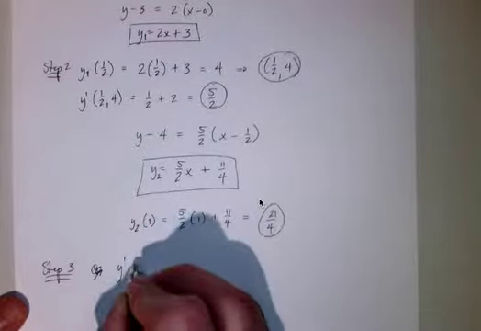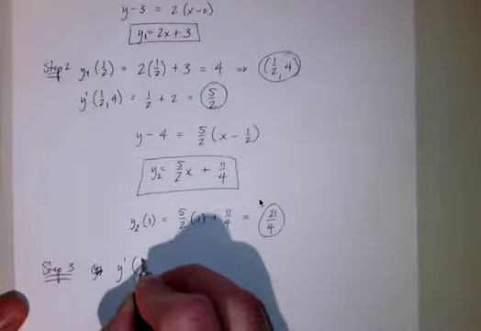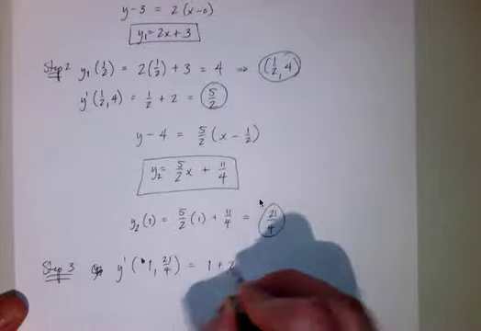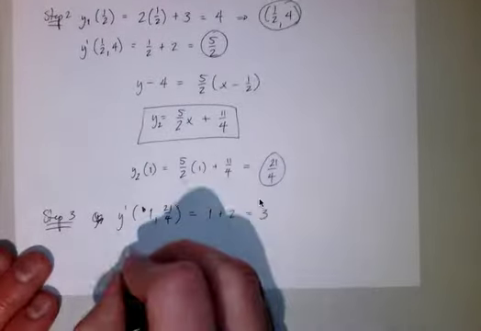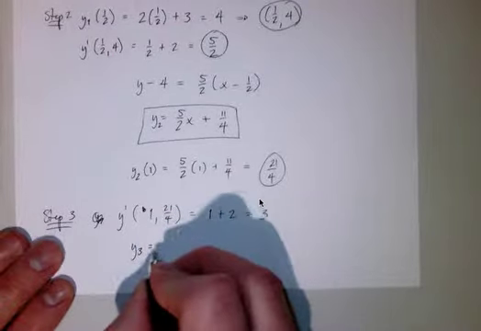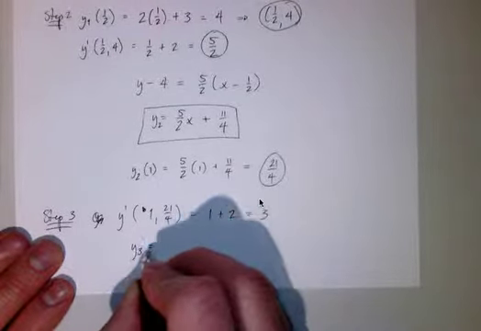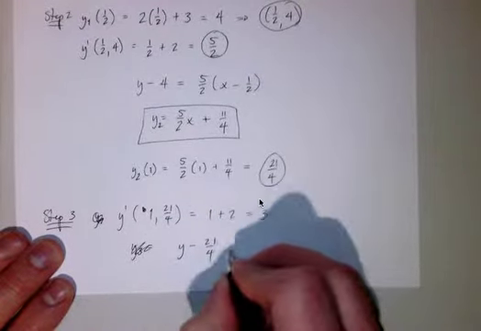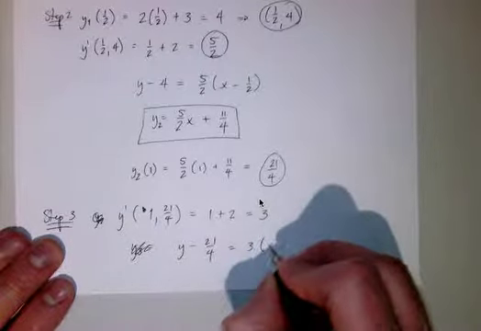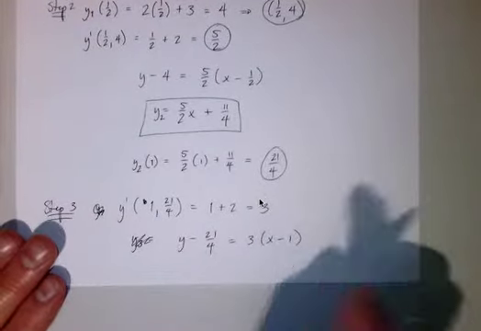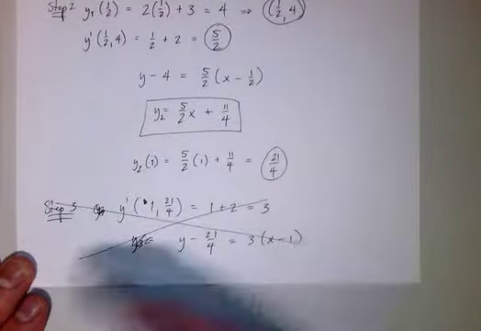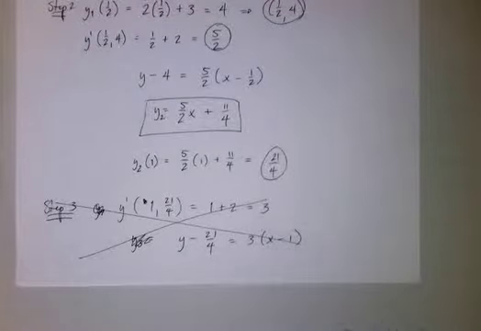I would do y prime of (1, 21 fourths), and that would be 1 plus 2, or 3, and then I would just evaluate y of 3 halves, and y minus y1 is equal to m times x minus x1, and then I would solve for y, and that would be my y3. Now I wasn't asked for this, but I could keep going if that was actually what was dictated to me in the question stem.